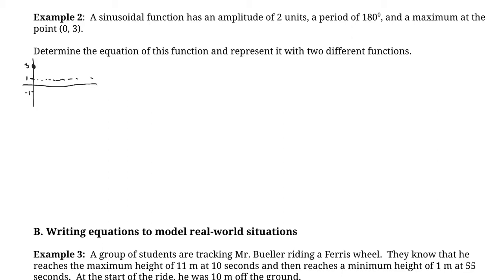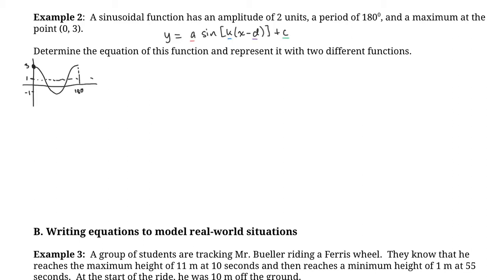Now, if it has a period of 180 degrees, since the maximum starts at (0, 3), I can draw one cycle of the cosine graph, and this is where 180 degrees would be.